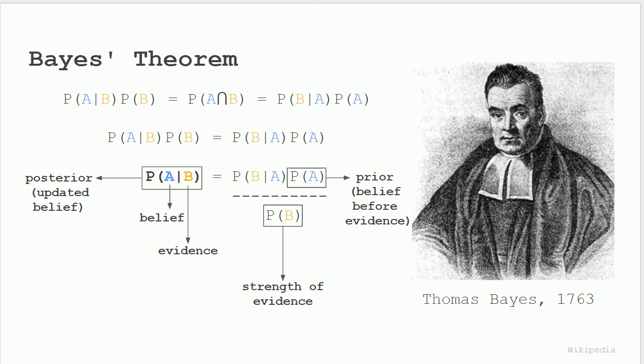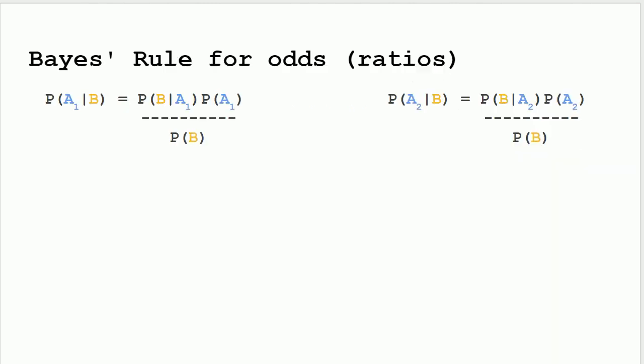Let's continue on with the variations of Bayes' theorem. There's a common form called Bayes' rule, and it's used for odds or ratios. Odds are basically just ratios, so if you want to calculate Bayes' theorem for ratios, you simply take two versions of Bayes' theorem and divide them by each other.